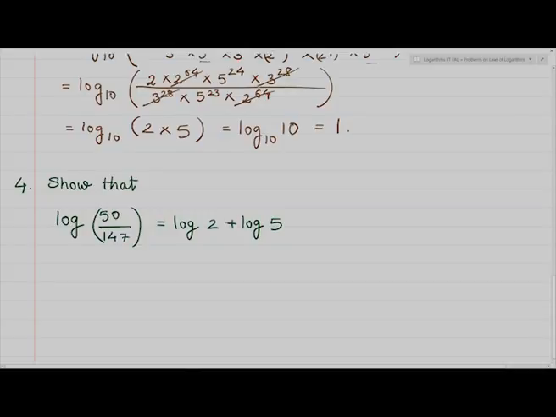Okay, here there is some correction, it should be plus 2 log of 5 minus log of 3 minus 2 log of 7. Okay. So, here if you notice there is no mention of base.